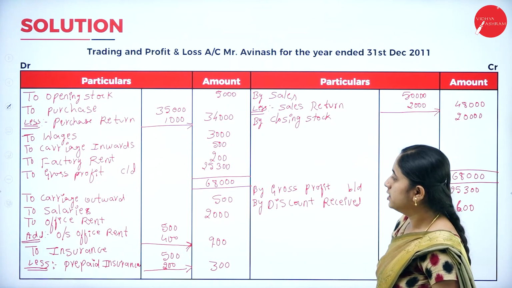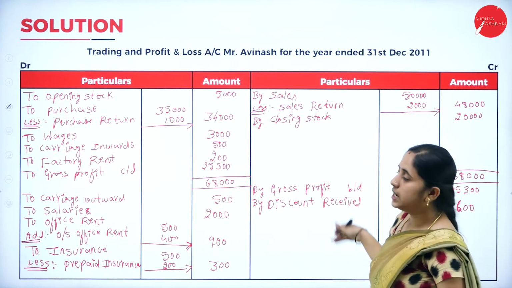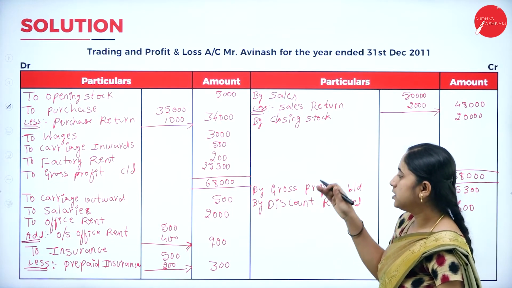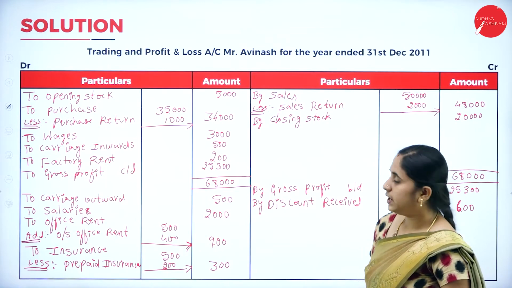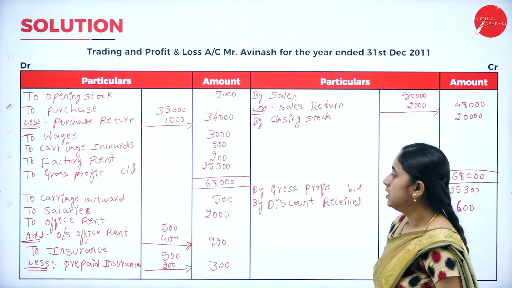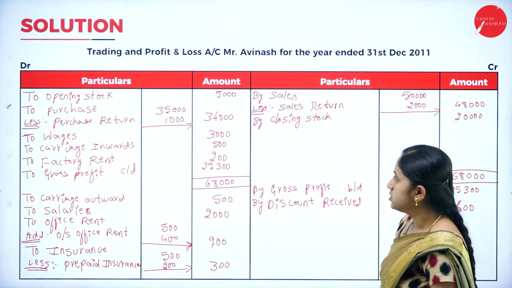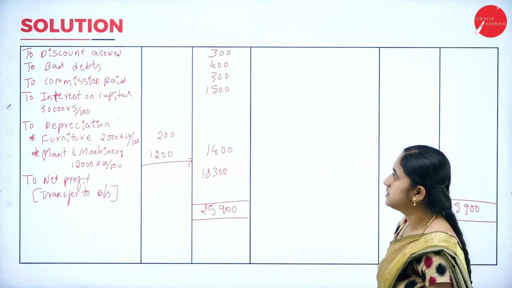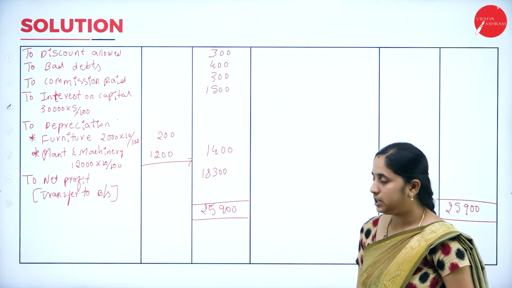After trading account, come for the profit and loss account. All the indirect expenses and indirect income. You'll write all the indirect expenses with adjustment. If any adjustment, just write the adjustment whether you need to add or deduct. So after recording all this, just find the difference whether net profit or net loss.